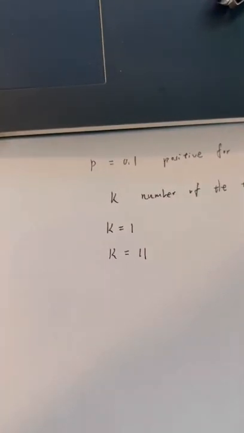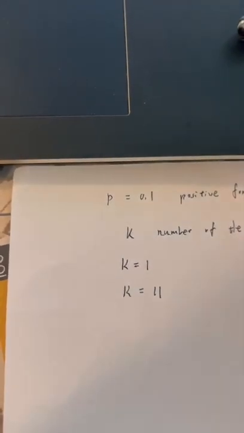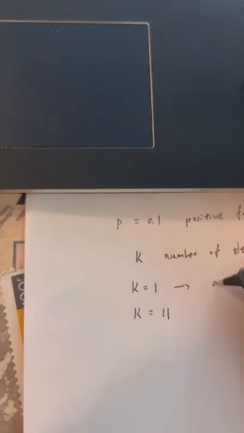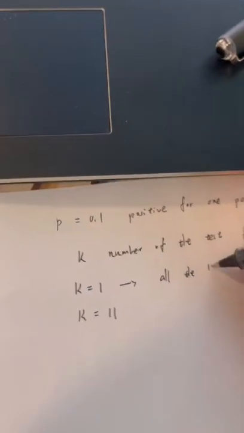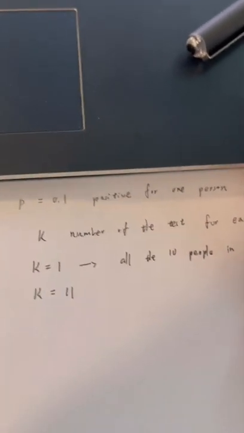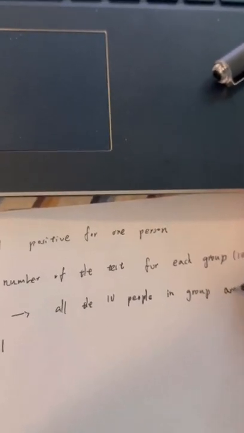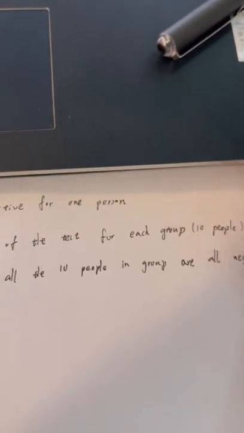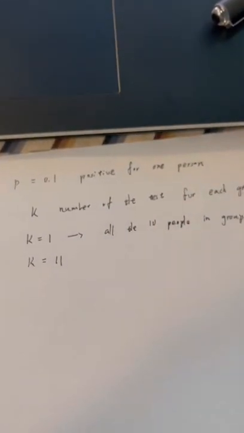So the K equals 1 circumstance refers to all the 10 people in this group being negative. Because if all the 10 people in the group are negative, then the test result is negative, and they don't have to do another test, so K will be equal to 1.